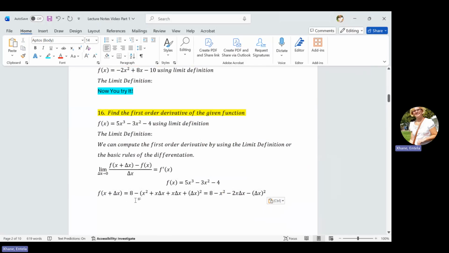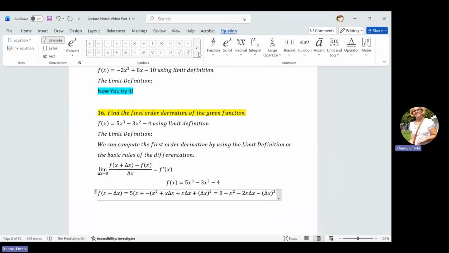F of x plus delta x is going to be 5 times x plus delta x raised to the third power. Now all this is raised to the third power. There you have it.